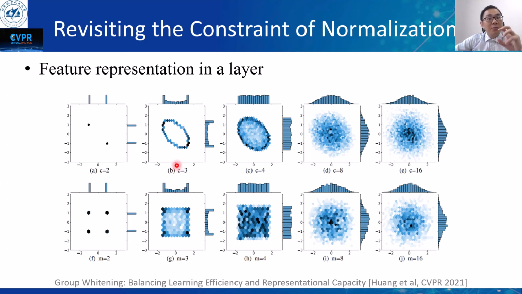For example, the value of normalized output is constrained to be -1 and 1 if C equals 2. Second, the normalized output is not Gaussian if C or M is too small, while batch normalization or group normalization aims to produce a normalized output with a Gaussian distribution.